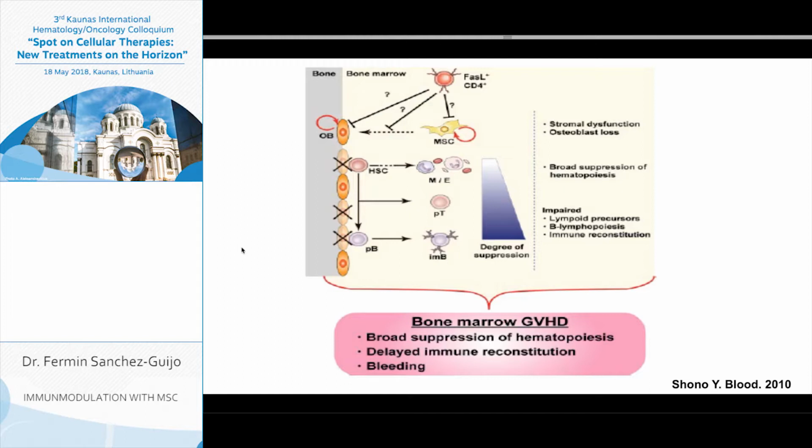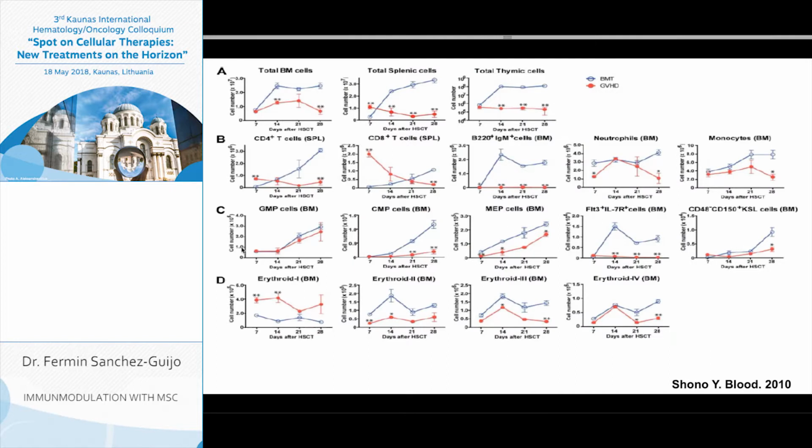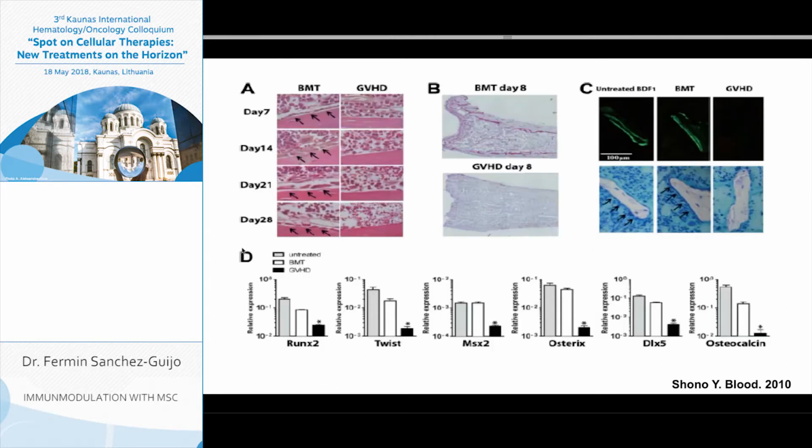And in an animal model of GVHD, you can see in the slide that those animals that have GVHD have the lowest number of all hematopoietic populations in the bone marrow, and this is probably caused by the fact that they deplete all the stromal cells from the inner bone of the osteoblastic niche.